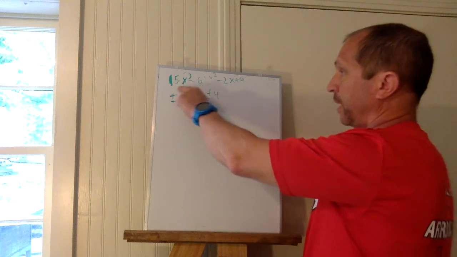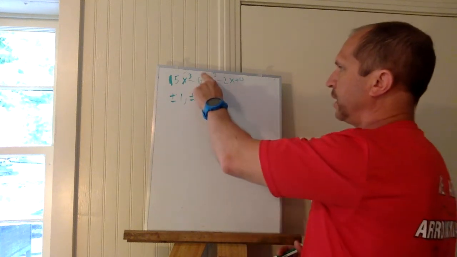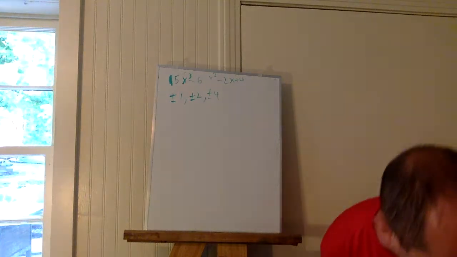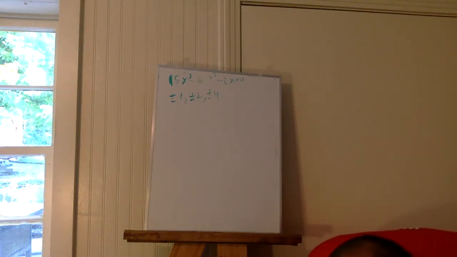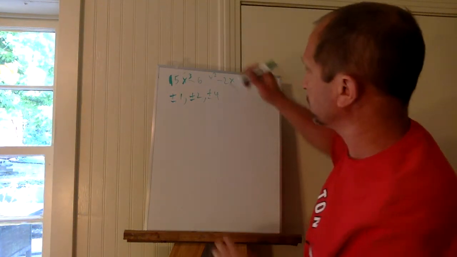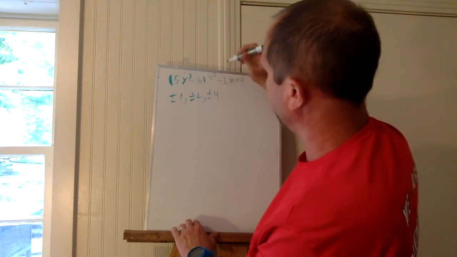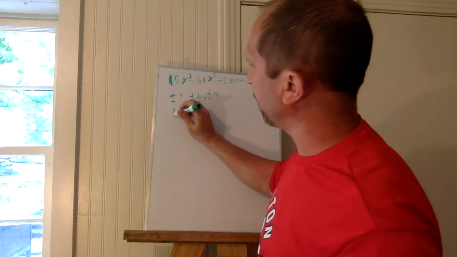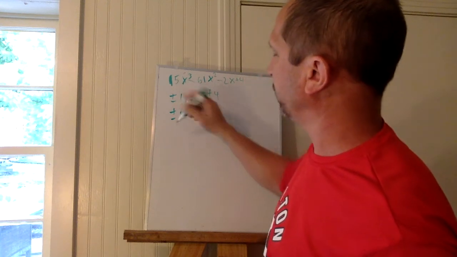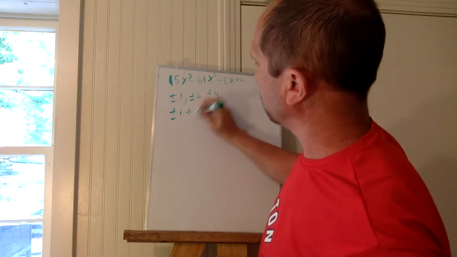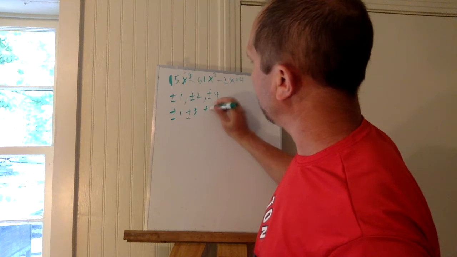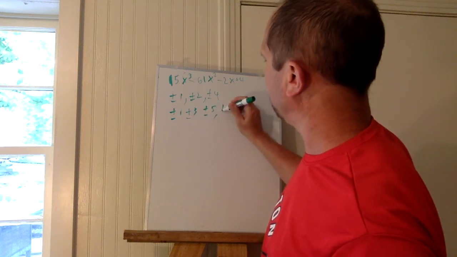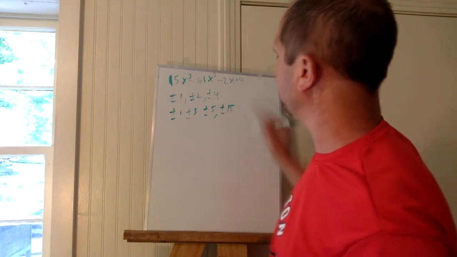Now, again, make sure that these are written in descending order. So this would be plus or minus 1 for 15. 15 is our leading coefficient. Plus or minus 3, plus or minus 5, and plus or minus 15.